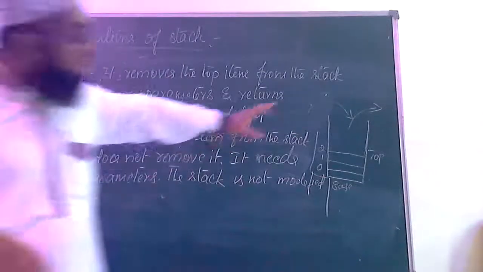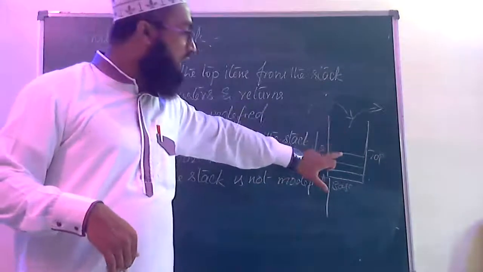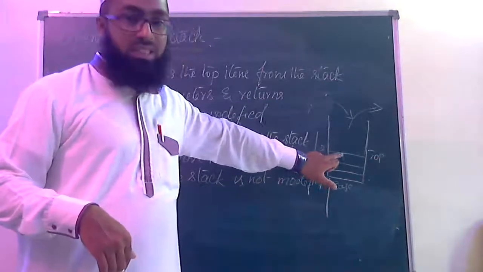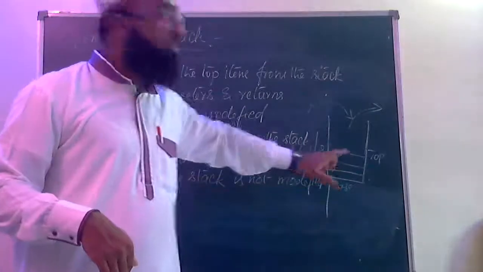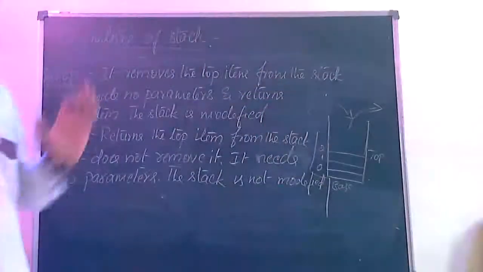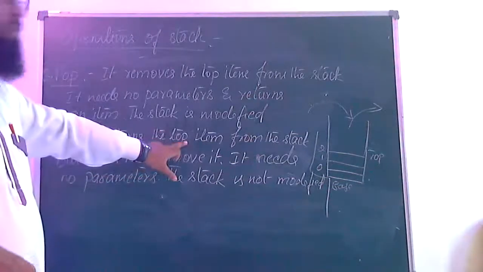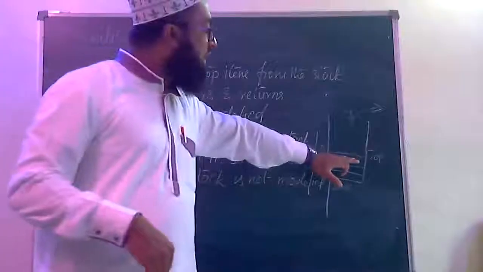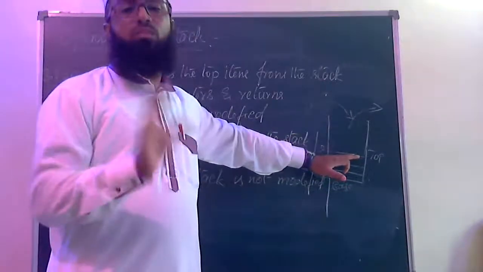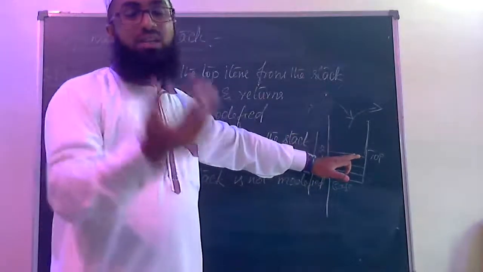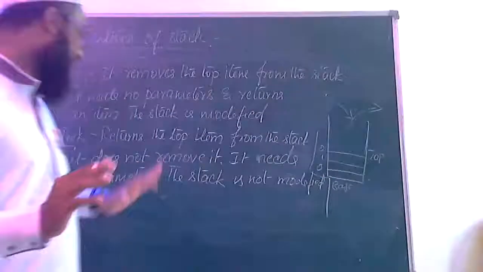It means it will check the items of the stack, and it will just observe the item which is present in the stack, but it will not remove that item from the stack. It will just check and return the top item. Return means it will leave the top item as it is without removing. That is called returns the top item, and it will not remove any item.